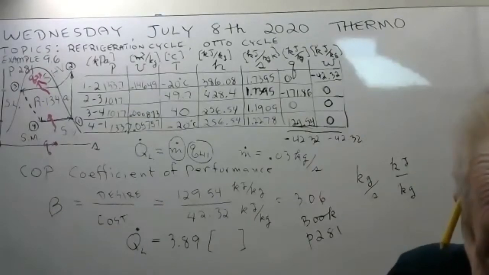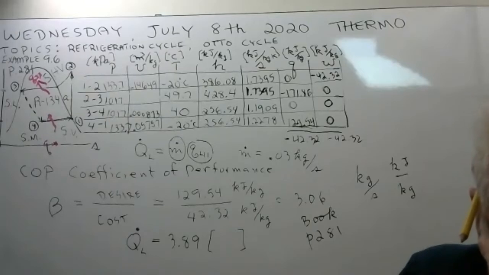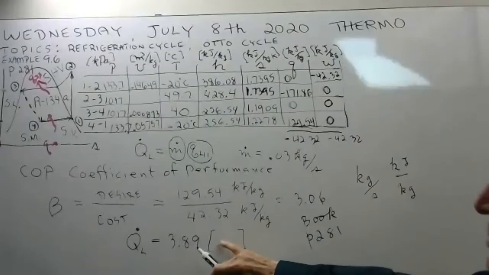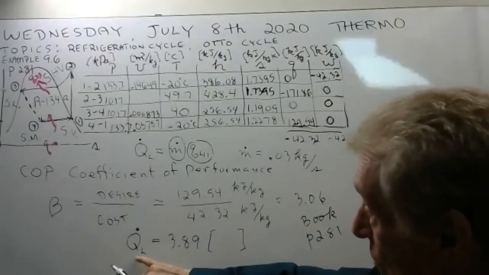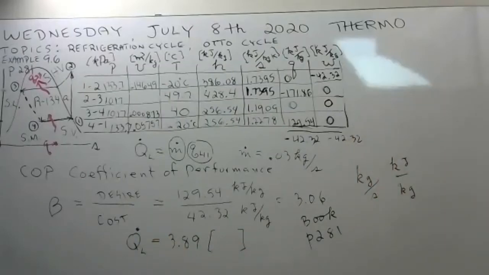Bear, are you with us? Now I am. Yeah, good going, Bear. I want to know what the units are on this big Q L dot. Wouldn't that just be kilojoules per second?